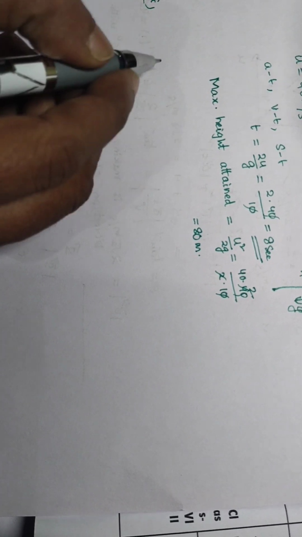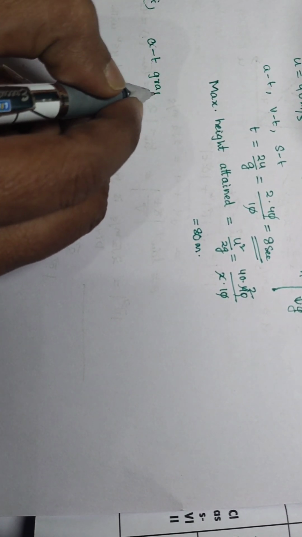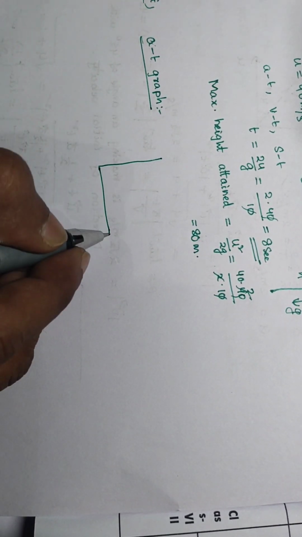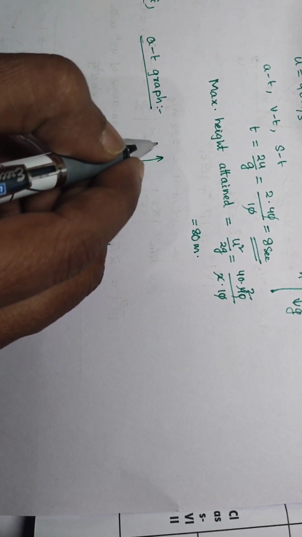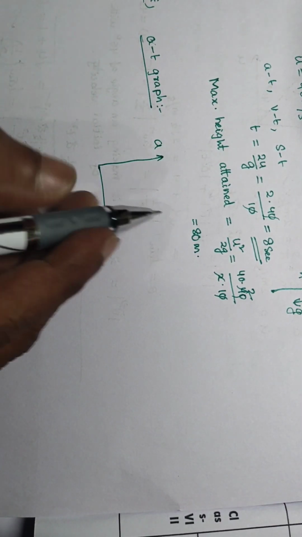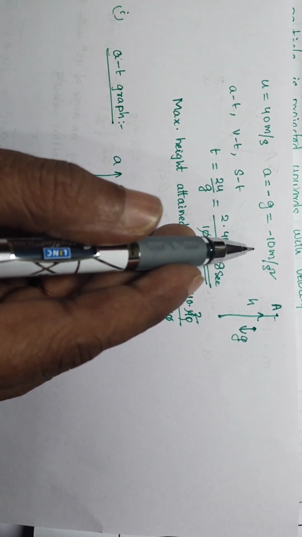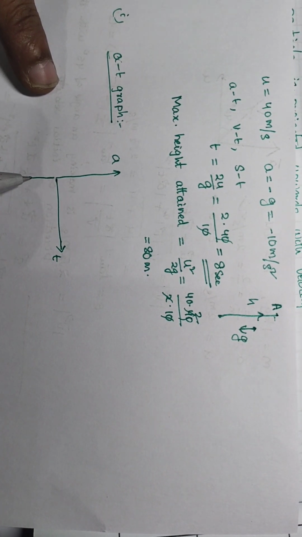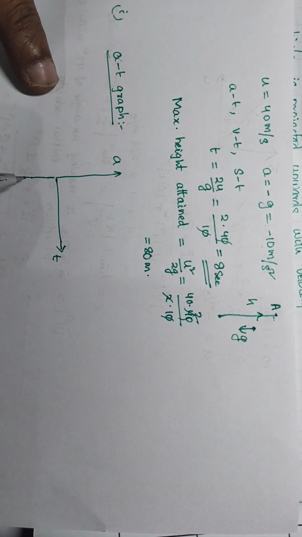First graph is the AT graph, right? Let us take time t on the x-axis, and acceleration on the y-axis. Here the acceleration is negative, minus 10. So that means in the minus direction, this is negative acceleration, and it is a constant acceleration.